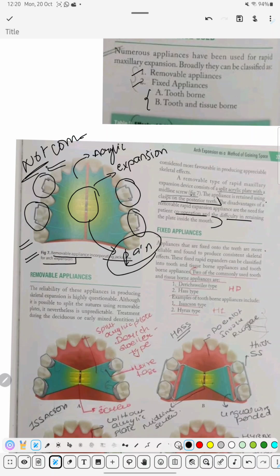The child is around 8 to 16 years of age, and the patient is not willing to use this appliance. An 8 to 12 year old patient is not willing to use this type of appliance because it needs a lot of patient cooperation.